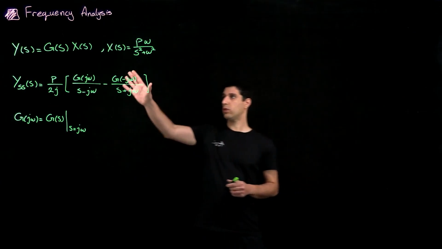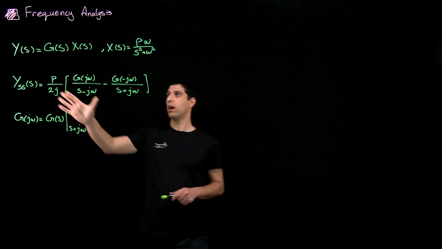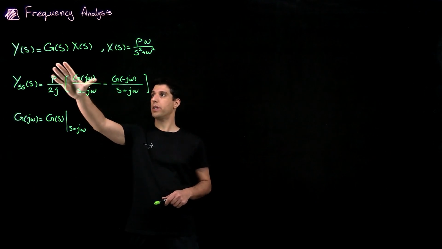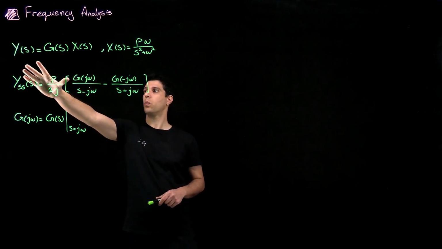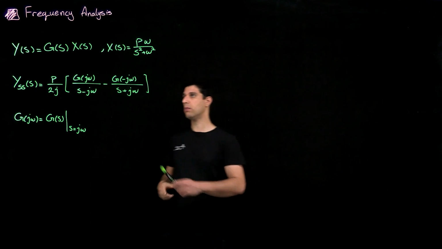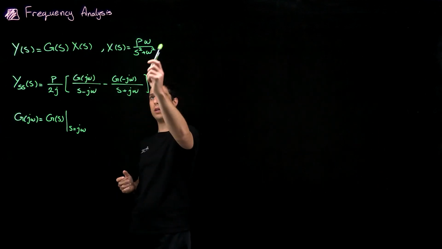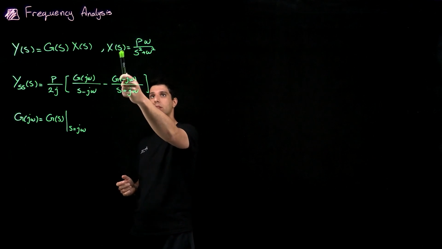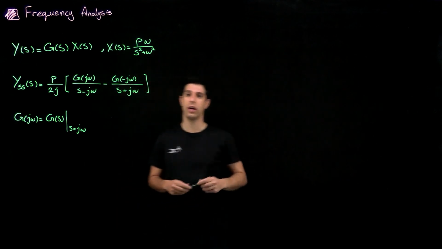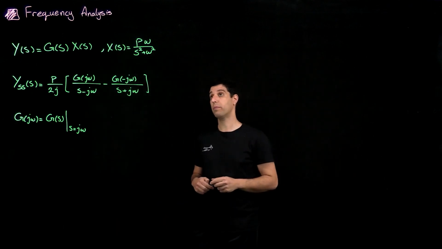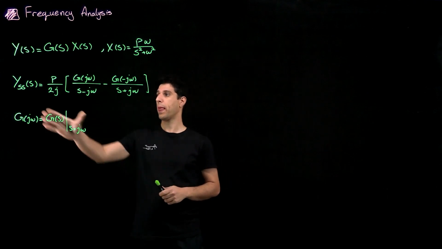So I rewrote this here again. And just to recap where we are, Y of s, the output of the system, we know it's G of s, the transfer function, multiplied by the input. The input is a sinusoid with such a Laplace transform.